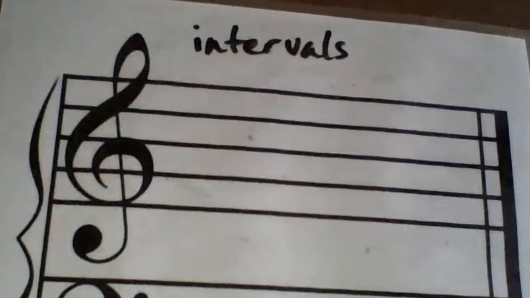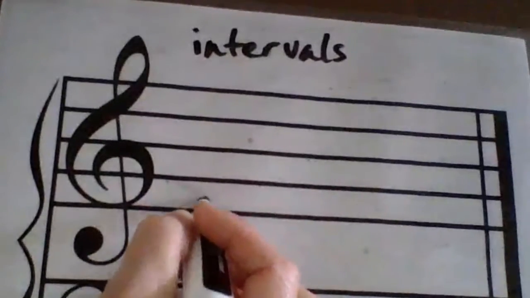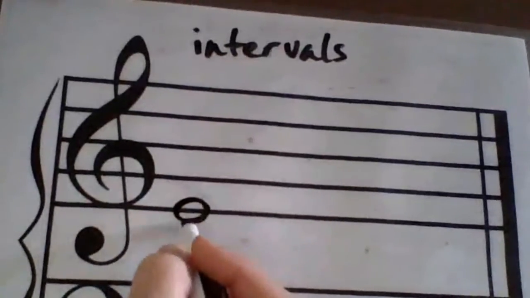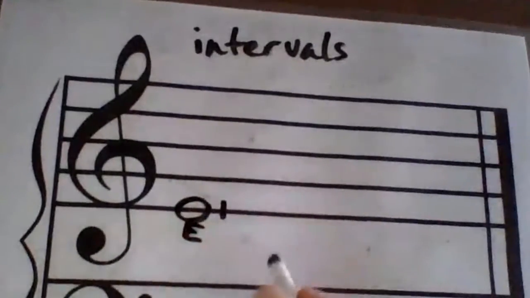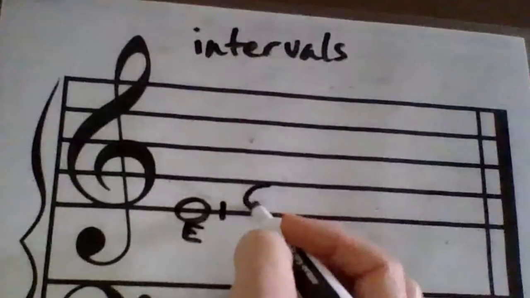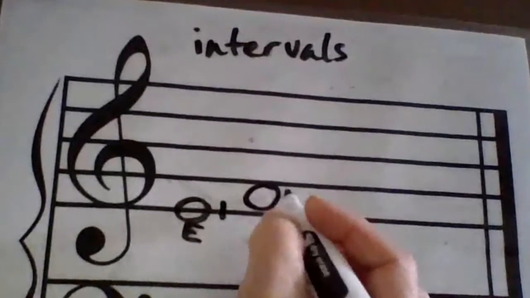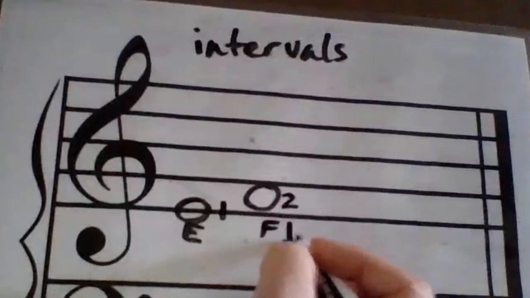Okay, so we're going to try just a few more examples to show you what some of these intervals look like. So we're going to start with our starting note, which is E, and that'll start with 1. So as we've gone over, if we went up one step, it would be a second.